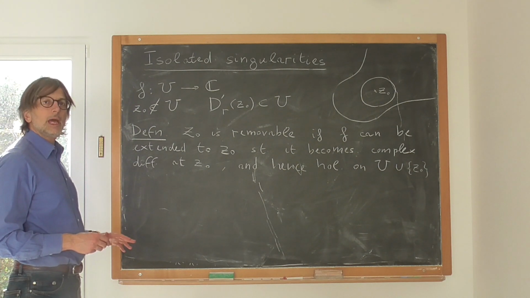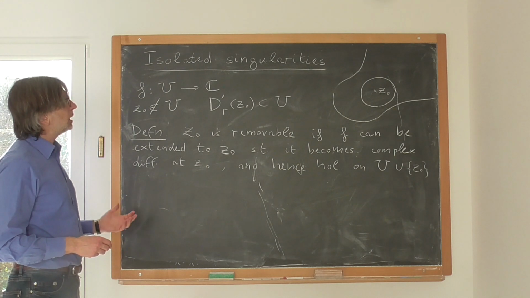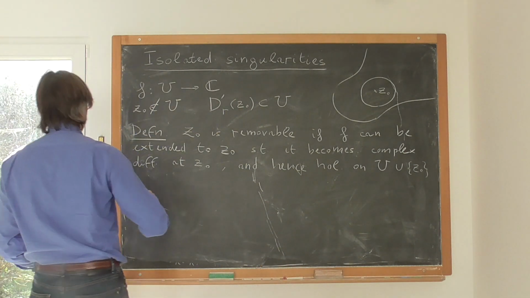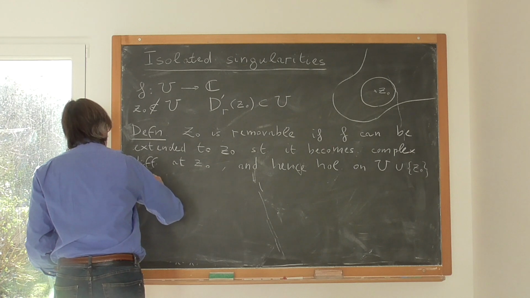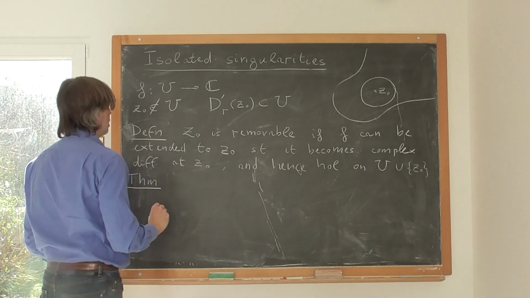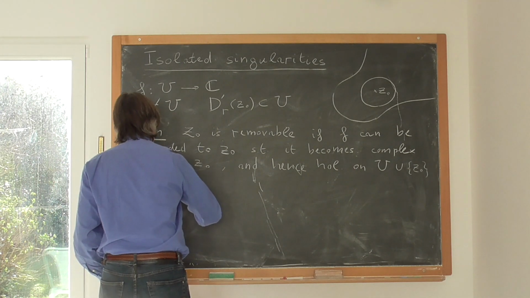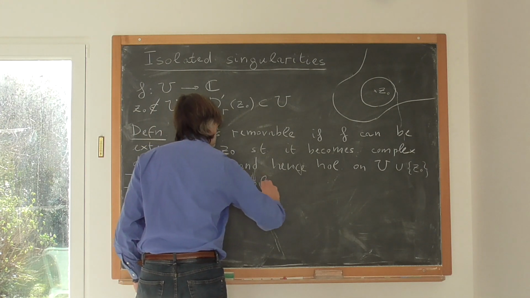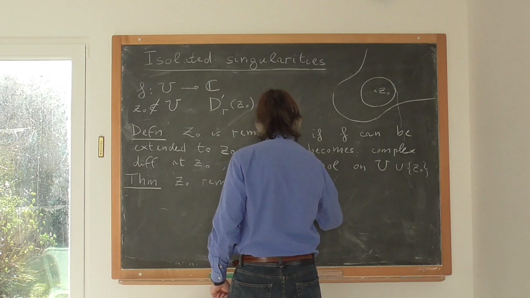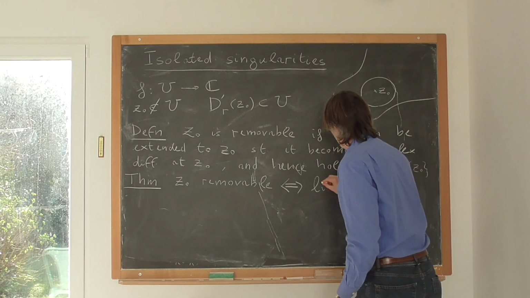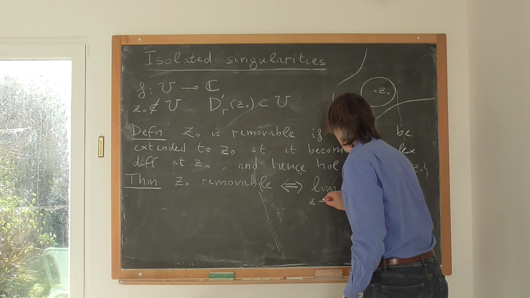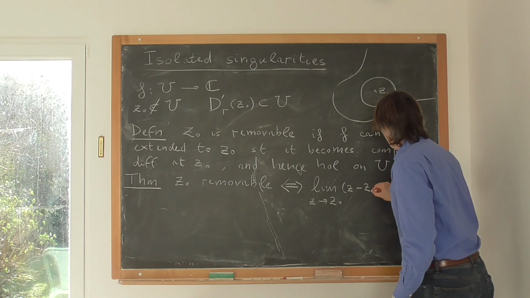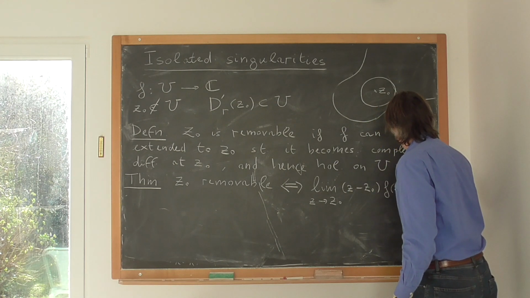And our first question today is when can we guarantee that a singularity is removable? And the answer is provided by the following theorem. So, the isolated singularity z0 is removable if and only if the limit for z going to z0 of (z minus z0) times f of z is 0.